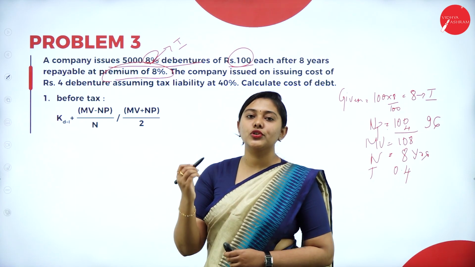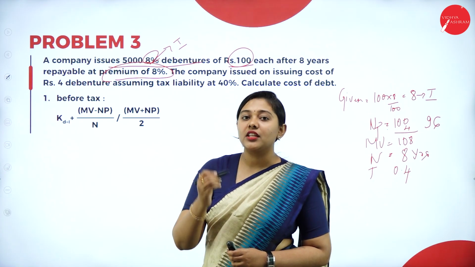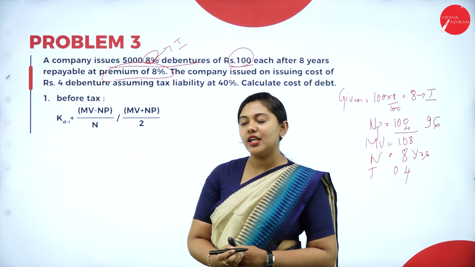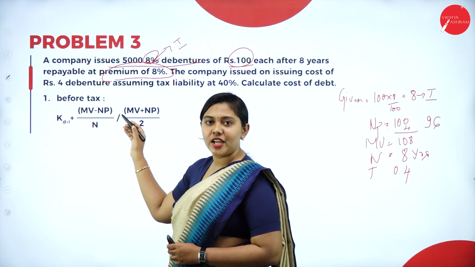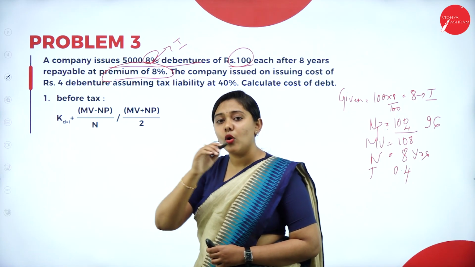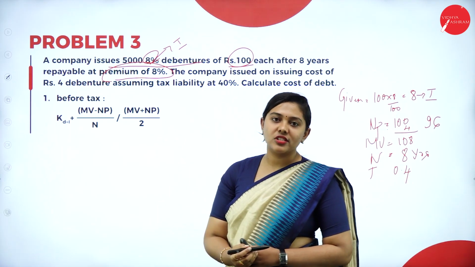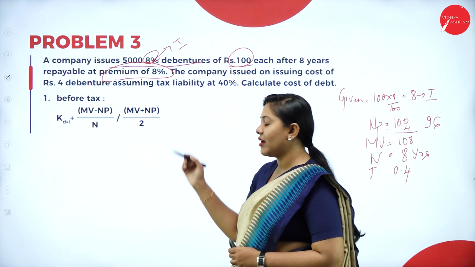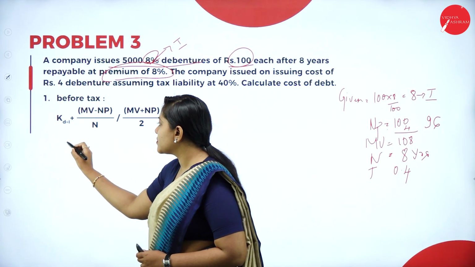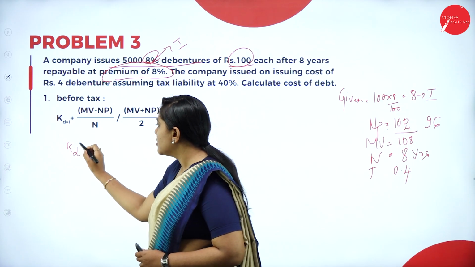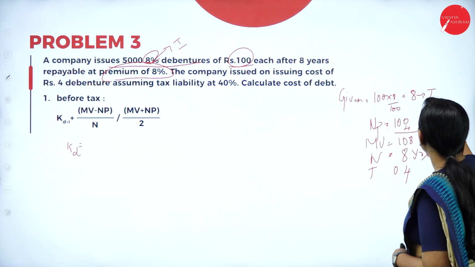Kd, that is the cost of debenture, is equal to interest plus maturity value minus net proceeds divided by N, whole divided by maturity value plus net proceeds divided by 2. So this is how the formula is. So let's substitute. What is the interest?